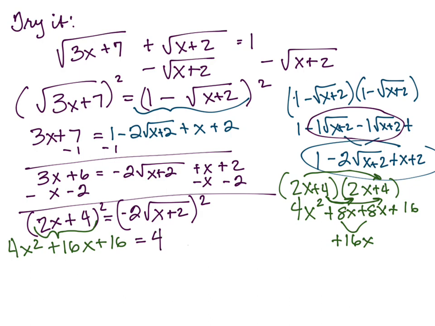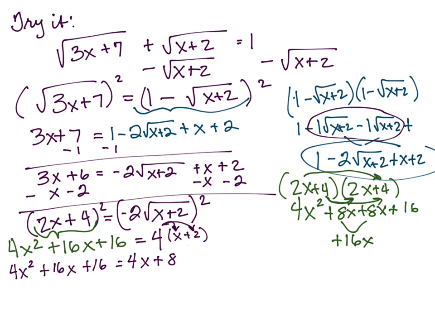The square root of x plus 2 squared, x plus 2. Set it equal to 0. So you've got 4x squared plus 16x plus 16 equals, you could play some hippity-hoppity distributive property right here, 4x and 8.